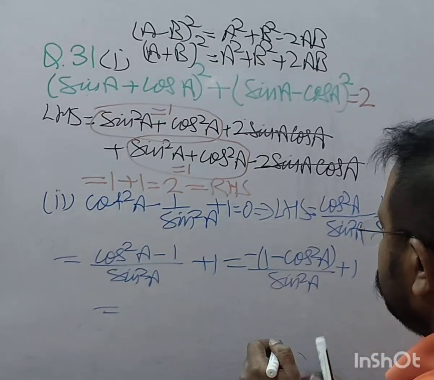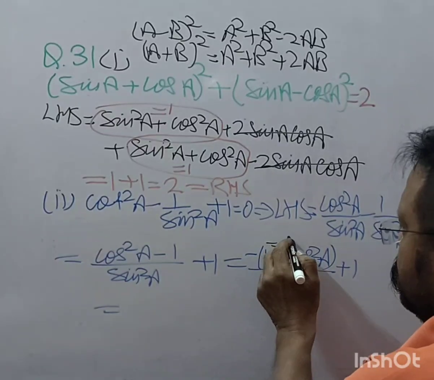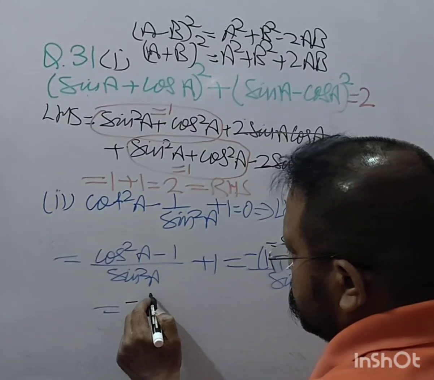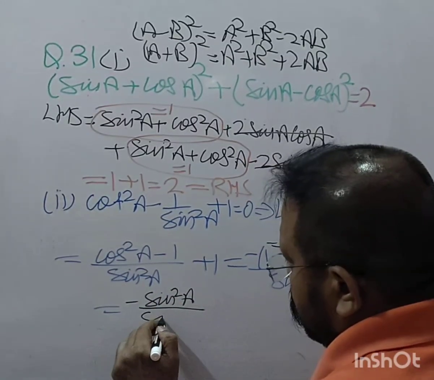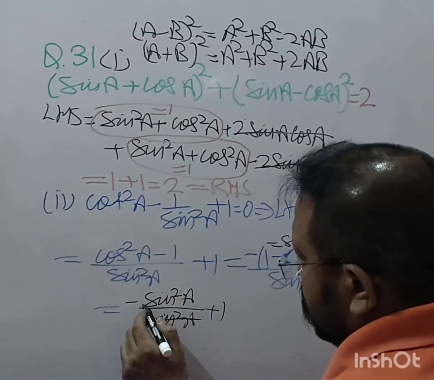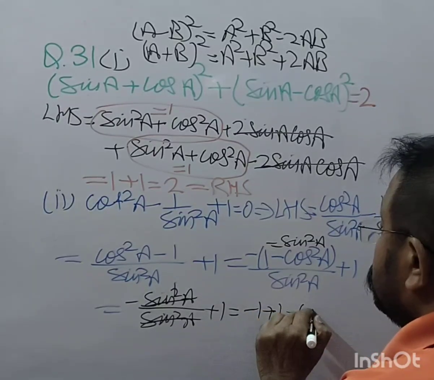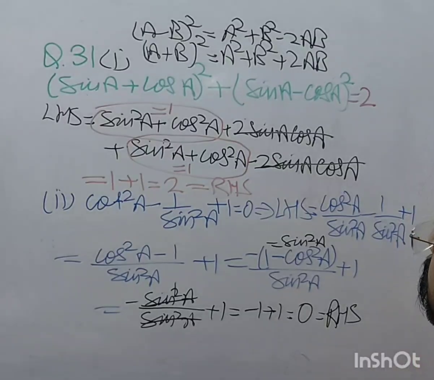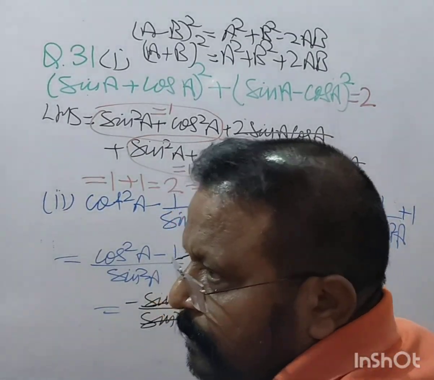This converts into minus sin square A upon sin square A plus 1. This cancels out to 1, so we get minus 1 plus 1 is equal to 0. Hence RHS. You told me the wrong question, na? Done?